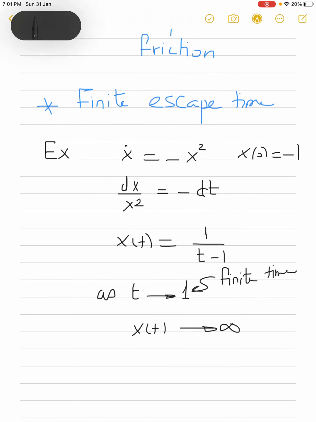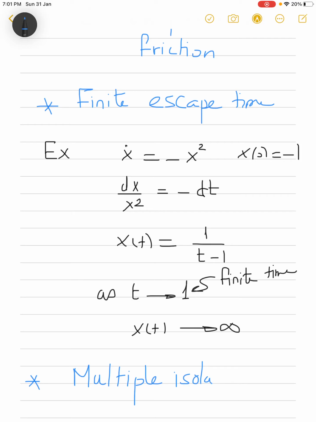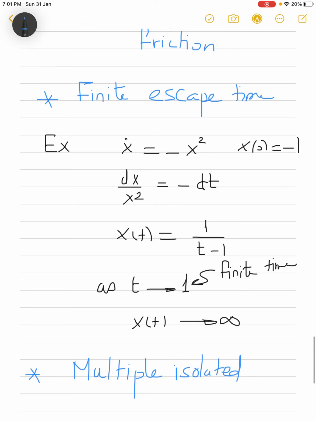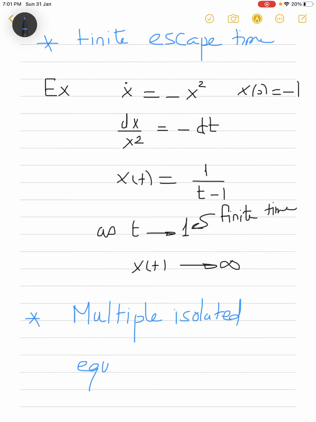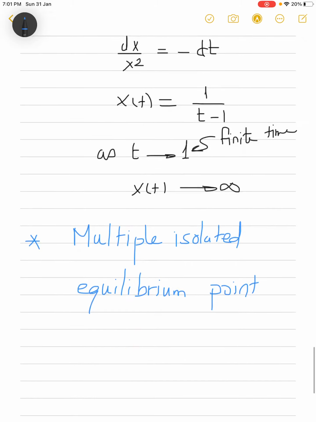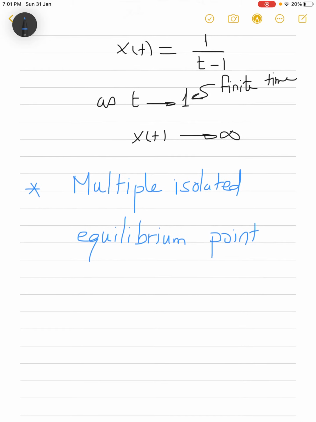Another phenomenon that appears in nonlinear systems is that it could have multiple isolated equilibrium points. And let me take a very simple example. If I assume a pendulum moving around a pivot, this is the rod and this is the mass of the pendulum.